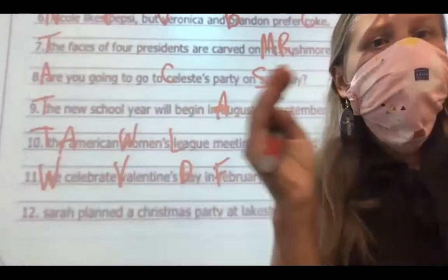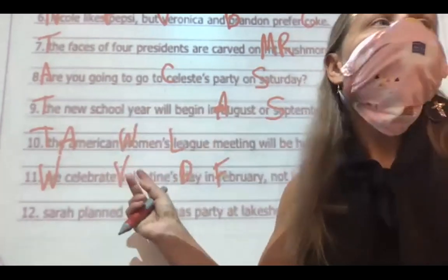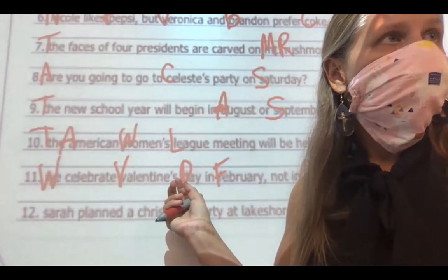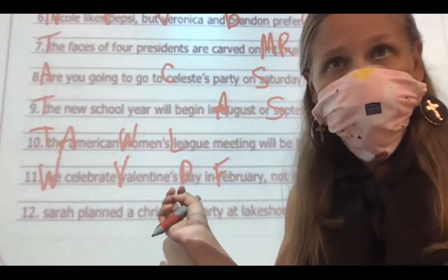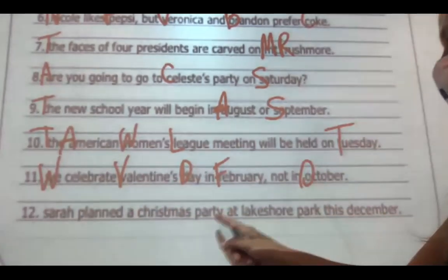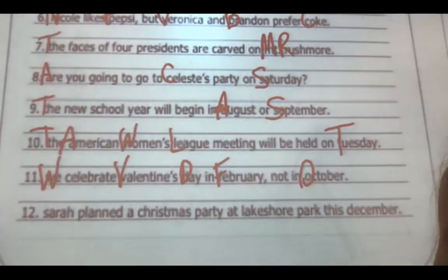It's together. Valentine's Day is all together. Okay. If it was just we celebrate each day, would day be capitalized? No. Does that make sense? All right. Number 12. Sarah planned a Christmas party at Lakeshore Park this December. Alexia.